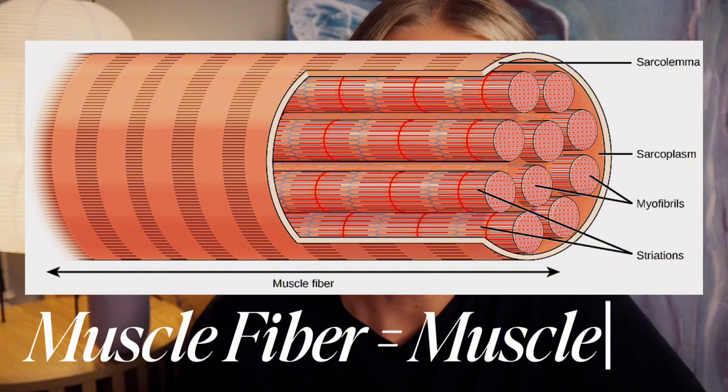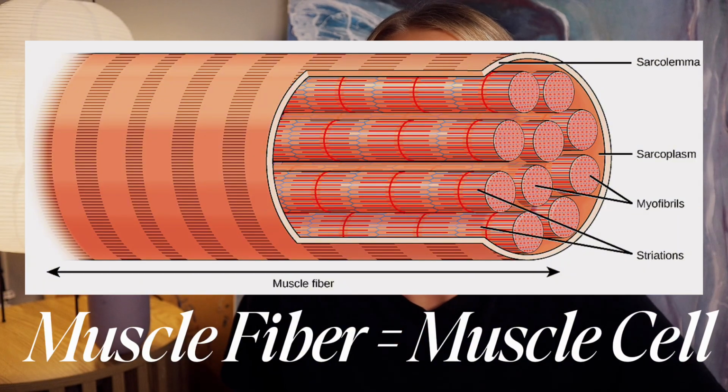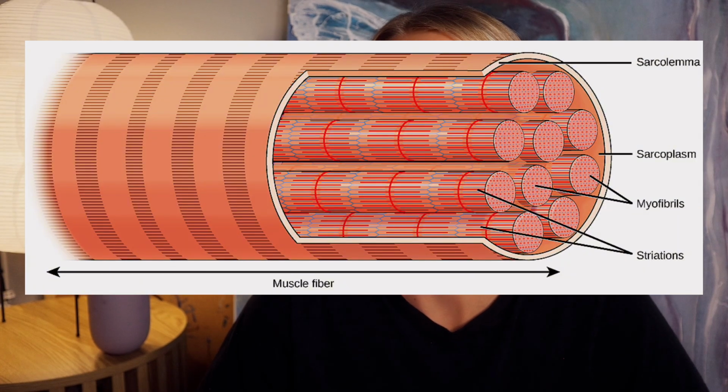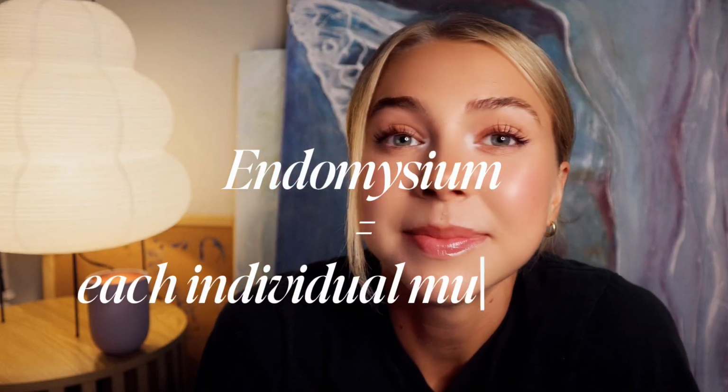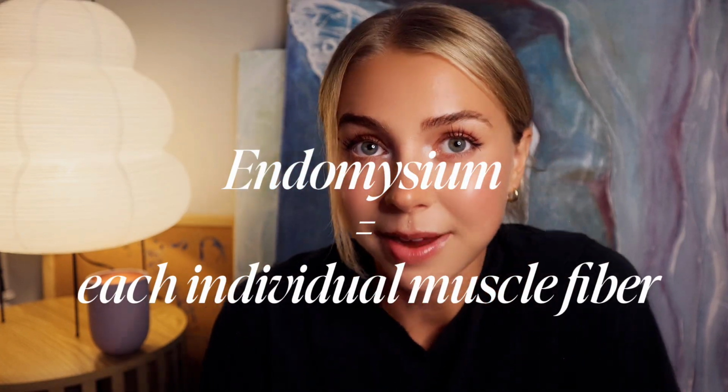For part three, we have muscle fibers here. We're going to get a little bit deeper now. Inside each fascicle, there are individual muscle fibers. A muscle fiber is essentially a muscle cell. Each individual muscle fiber is surrounded by the endomysium. Here's another way to remember this. Endomysium is each individual fiber.